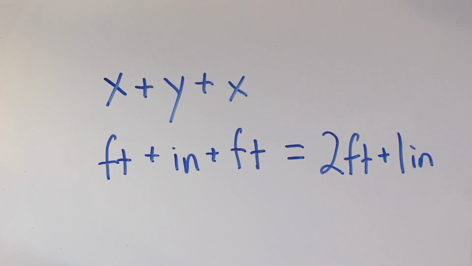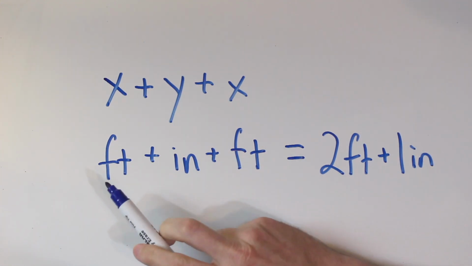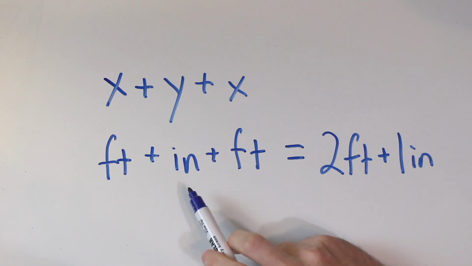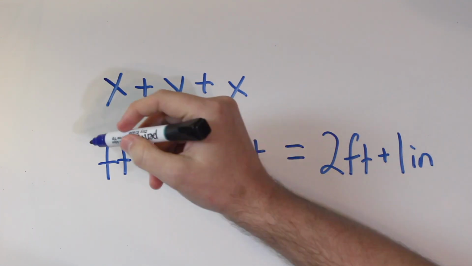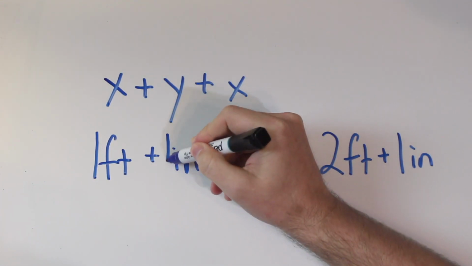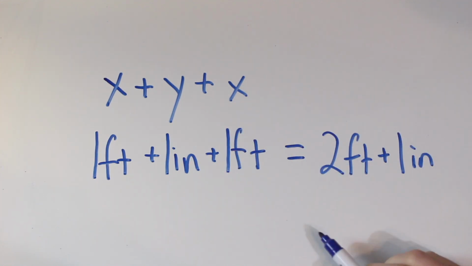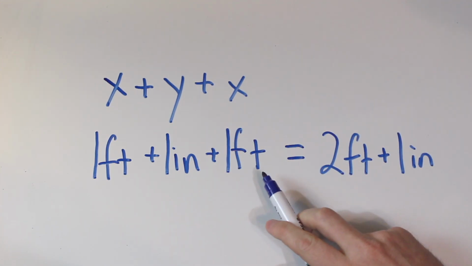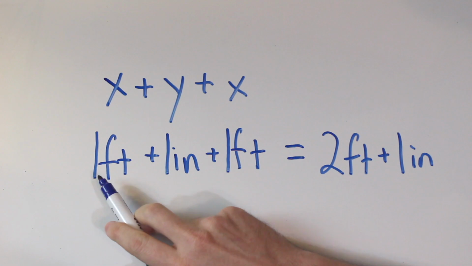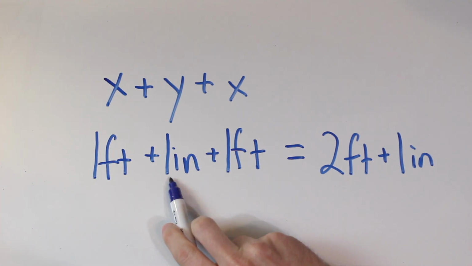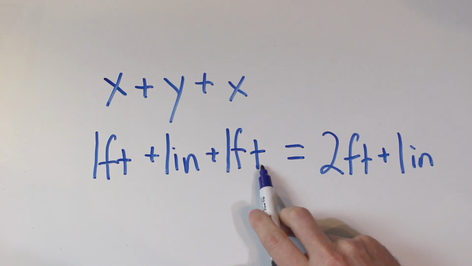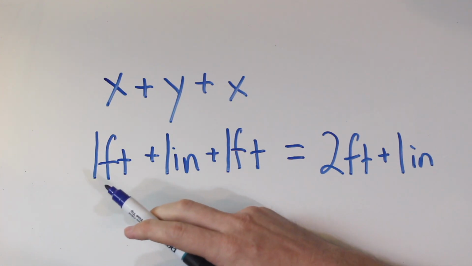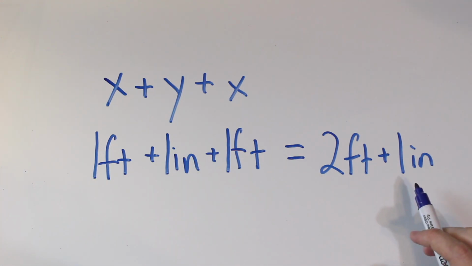Something to notice here is that simply saying a foot or an inch is the same thing as saying 1 foot or 1 inch. A foot plus an inch plus a foot is the same thing as saying 1 foot plus 1 inch plus 1 foot, which is why our answer is 2 feet and 1 inch.